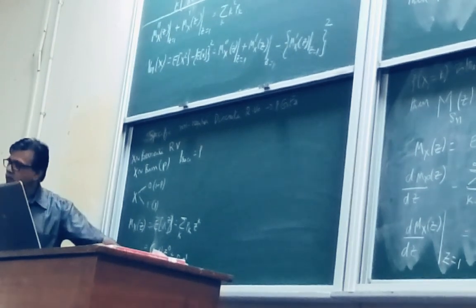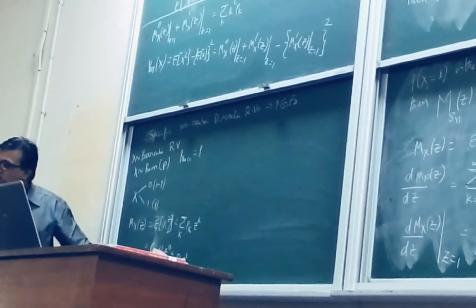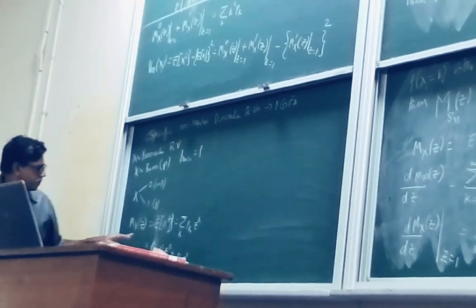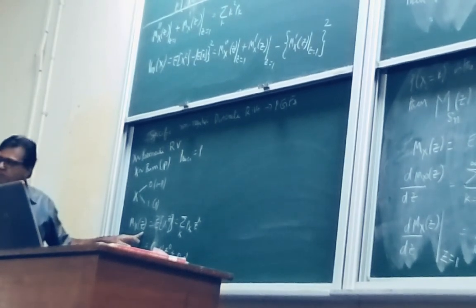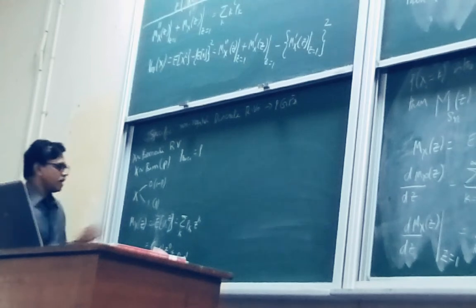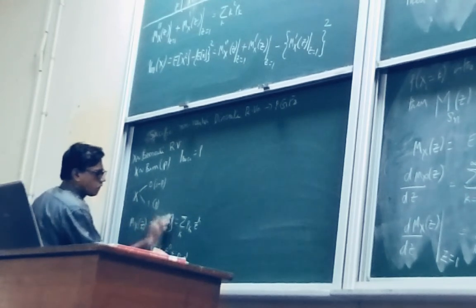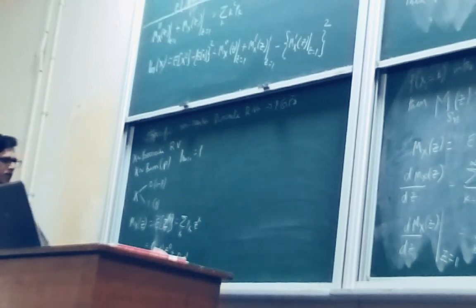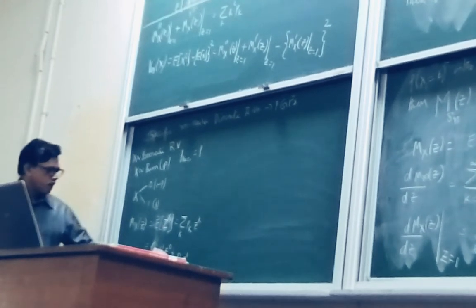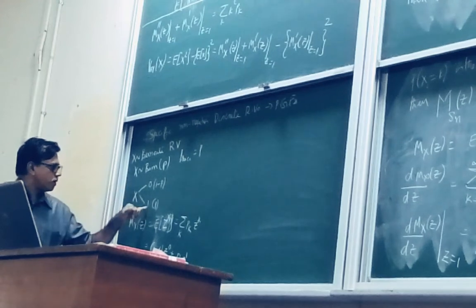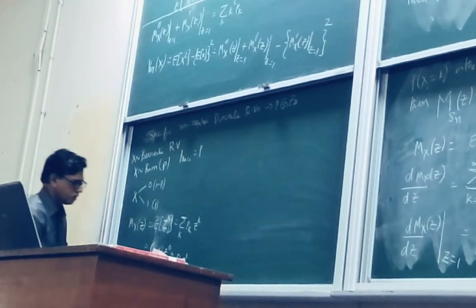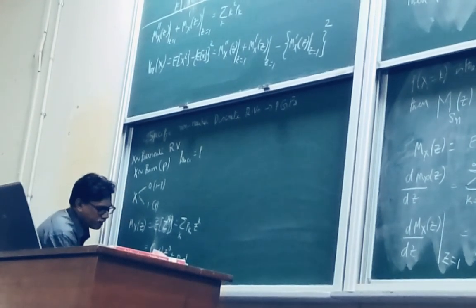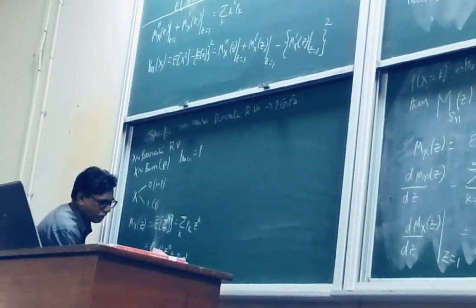Mx of z is z power x, that's what I mean. It is pk z power k, and k can take two possible values. You put these in, and you get 1 minus p plus pz.